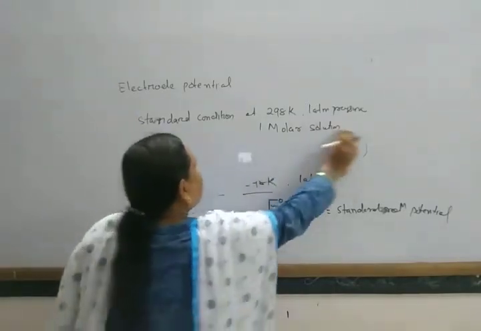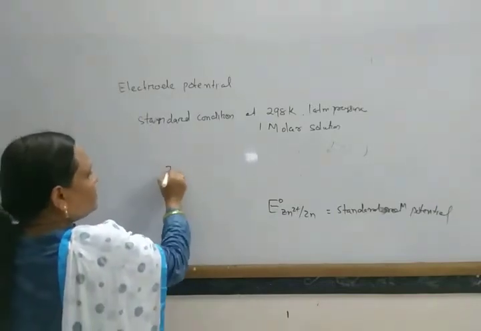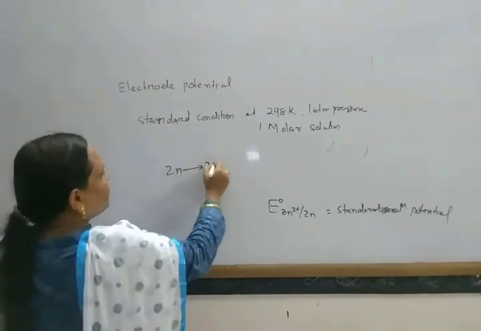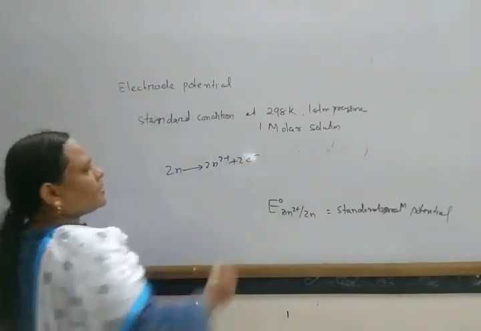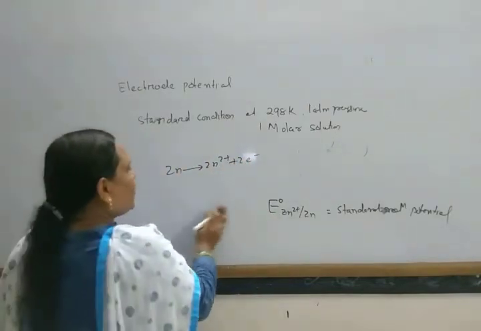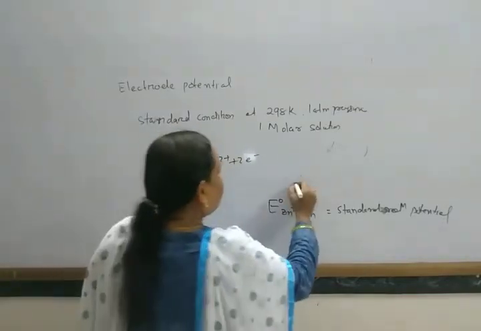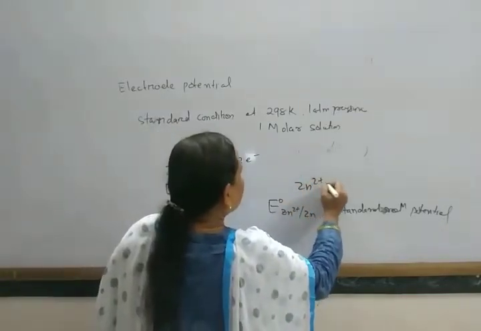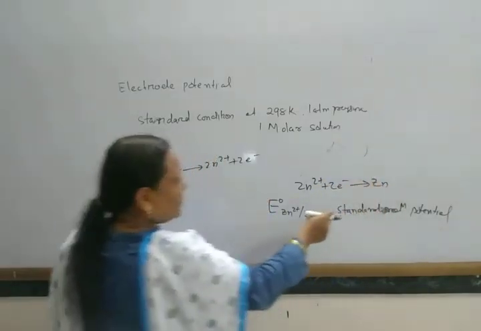Similarly, suppose the reaction Zn giving rise to Zn2 plus plus 2 electrons takes place at standard condition. What can we write for this? The previous one was for Zn2 plus plus 2 electrons giving Zn.